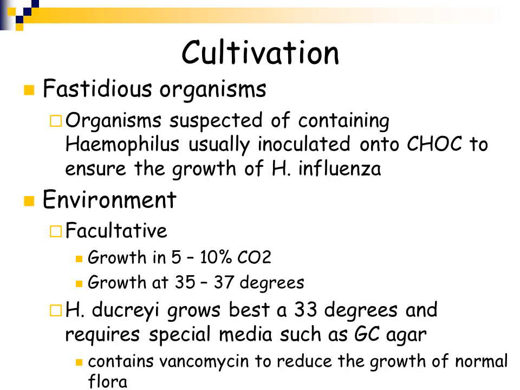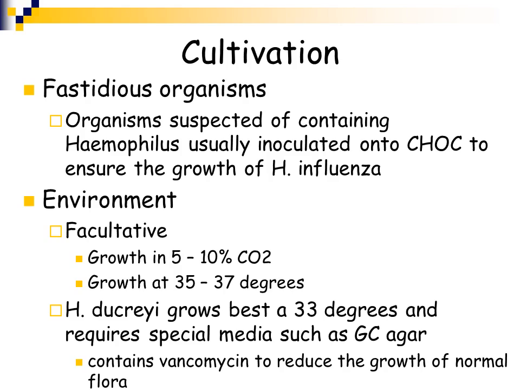Respiratory specimens are normally put in a 5 to 10% CO2 incubator. These organisms will grow pretty much anywhere. They can grow at lower oxygen levels. They like CO2. And growth is at body temperature, 35 to 37 degrees.